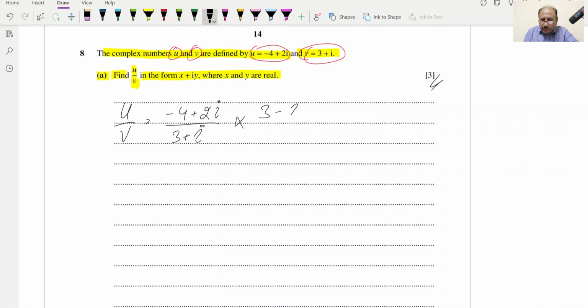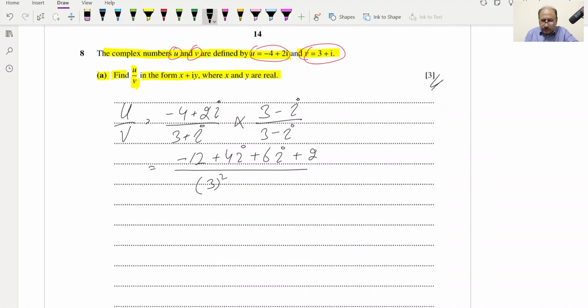So multiply by 3 minus iota over 3 minus iota. Minus 4 with 3 will be minus 12, and minus 4 with minus iota will be plus 4 iota, and 2 iota multiplied by 3 will be plus 6 iota, and 2 iota multiplied by minus iota will be minus 2 iota squared, and the sign will change, so plus 2.